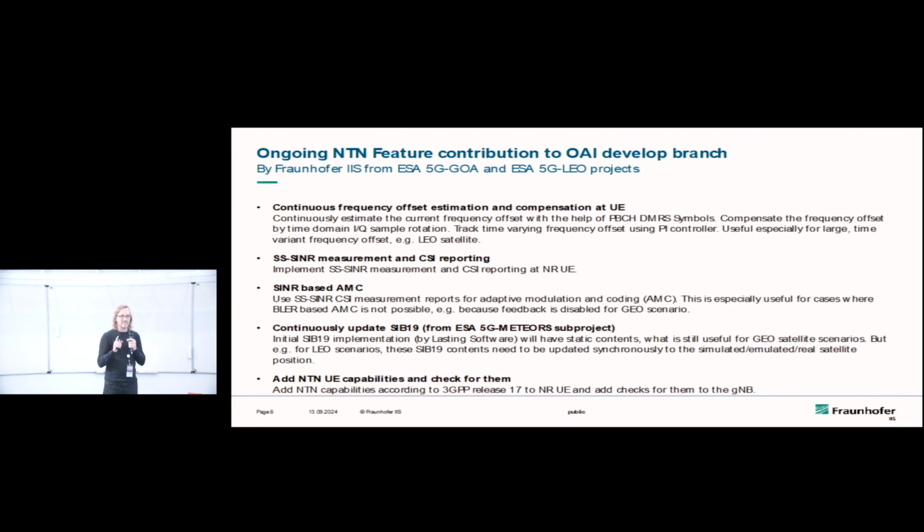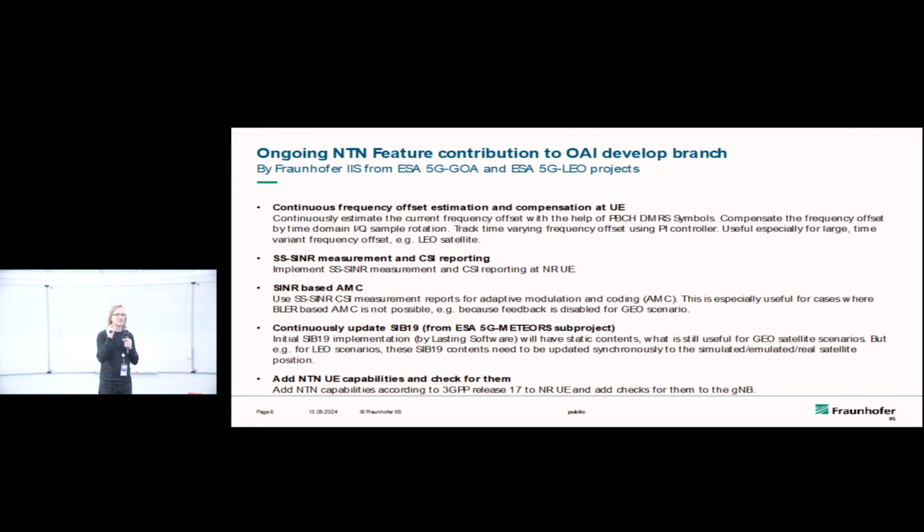Yes. Next things are more for adaptive modulation coding. SIB19: colleagues from Lasting are going to show a demonstration just now with a geostationary satellite, transmitting and receiving SIB19, using SIB19 for basically all this setting of the delay and all these variables.